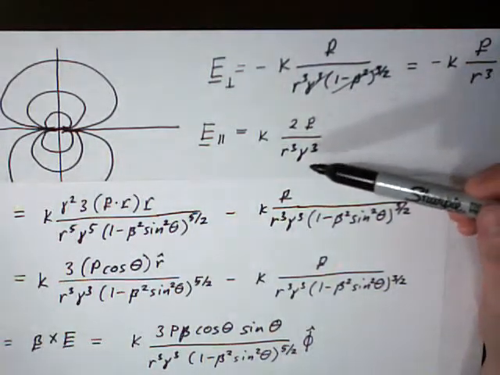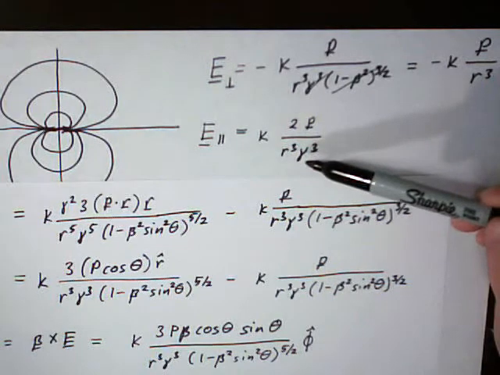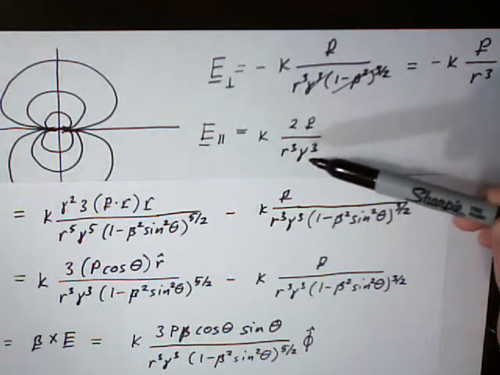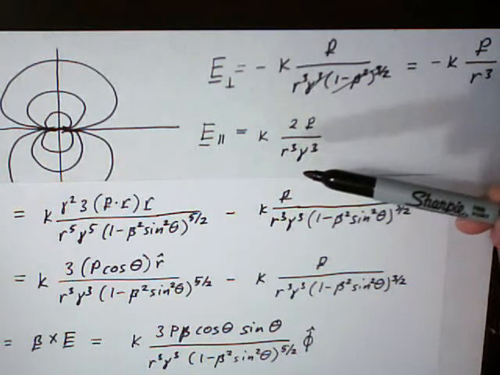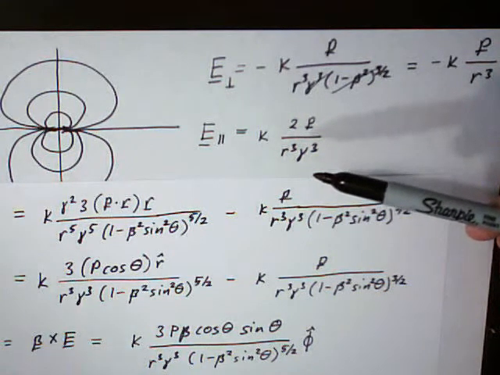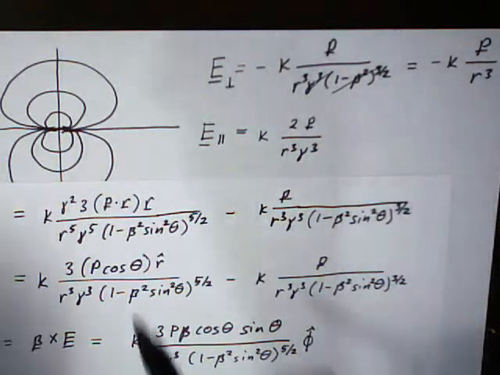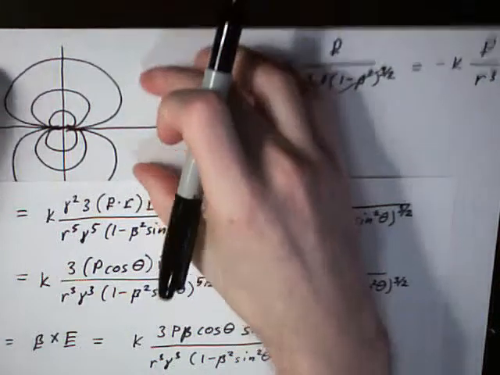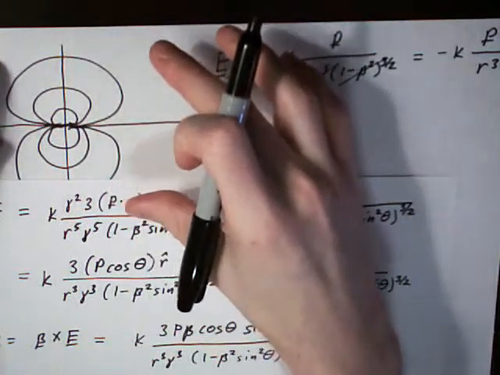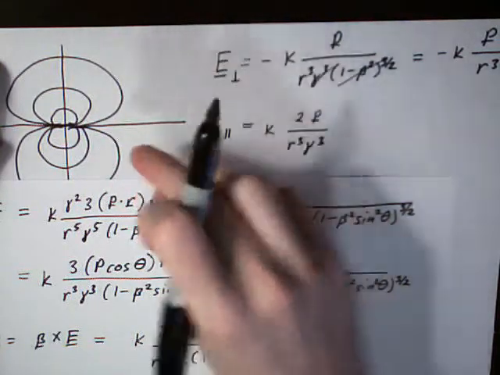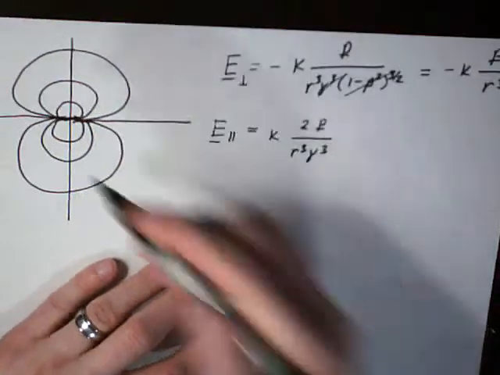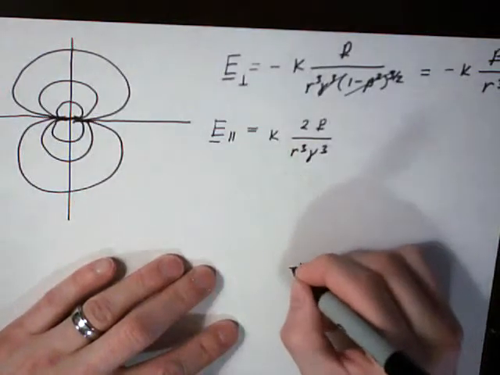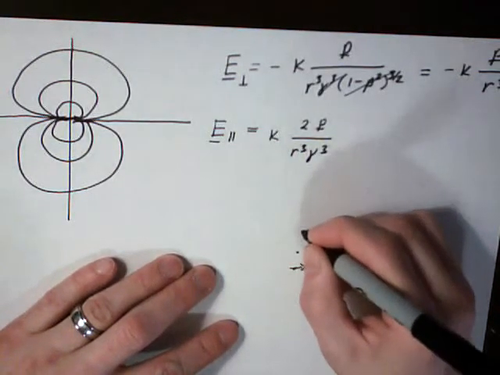And so I can see that as the velocity approaches the speed of light, gamma gets much bigger than 1, and so this whole thing gets much smaller. And so qualitatively what that means is the electric field lines have to spread out relative to where the dipole is as it approaches the speed of light, because the electric field there is getting weaker. And so if I were to draw what those two effects look like, right, I have along here, those field lines have to be in the same place.